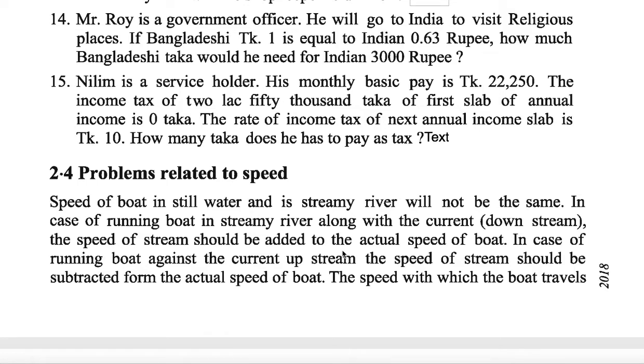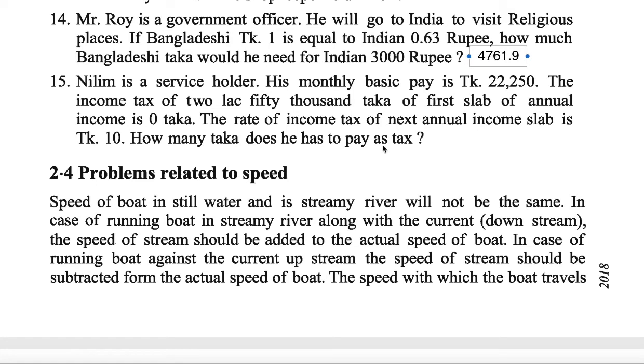For 1 rupee, he needs 1 by 0.63 taka, that is 1.587 taka. So 3000 rupees means into 3000, that is 4761.9 or roughly 4762 taka, the answer.